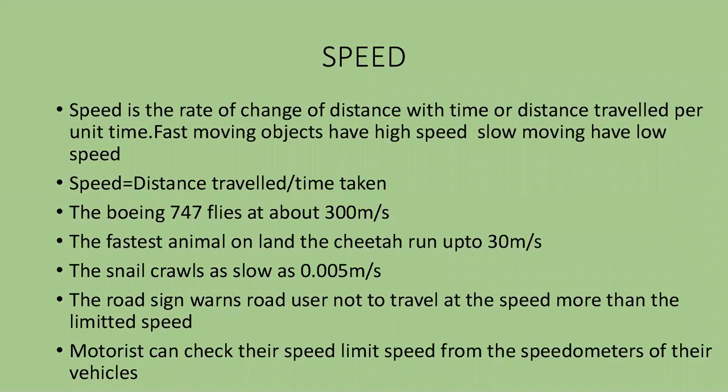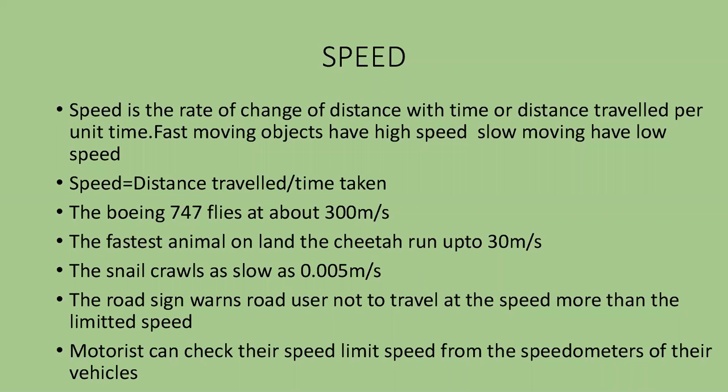The snail crawls as slow as 0.005 meter per second. There are so many types of snail: land snail, garden snail, water snail, but we are talking about the garden snail, which is commonly found in the garden. This snail is the slowest moving animal on the land, and its speed is about 0.005 meter per second.